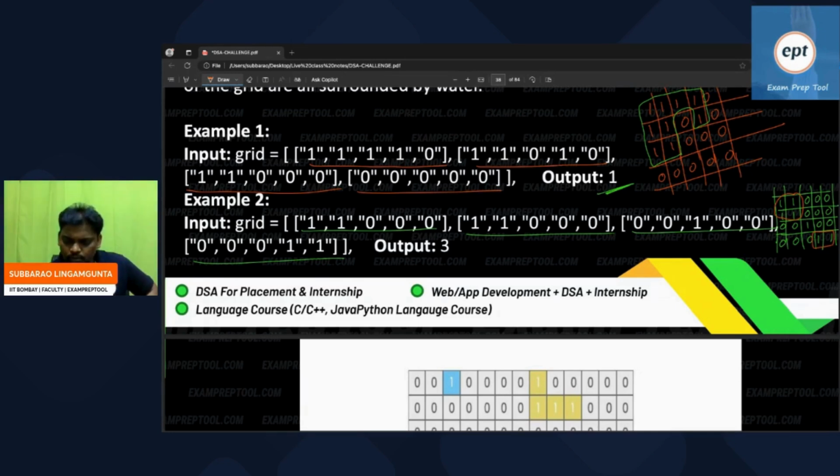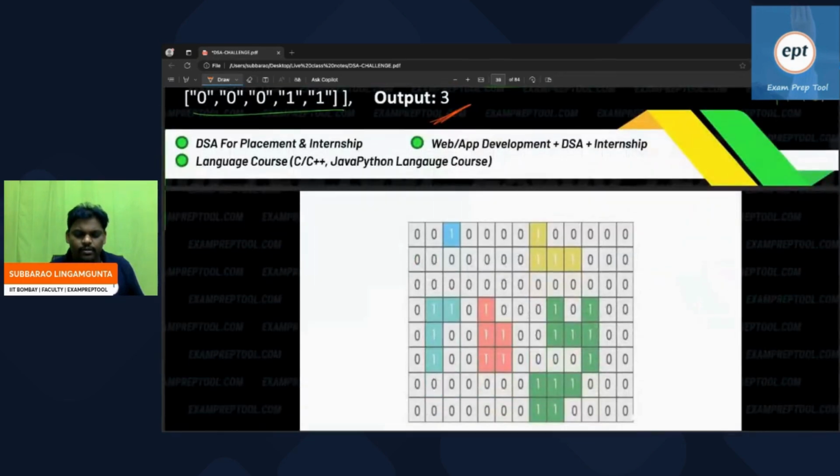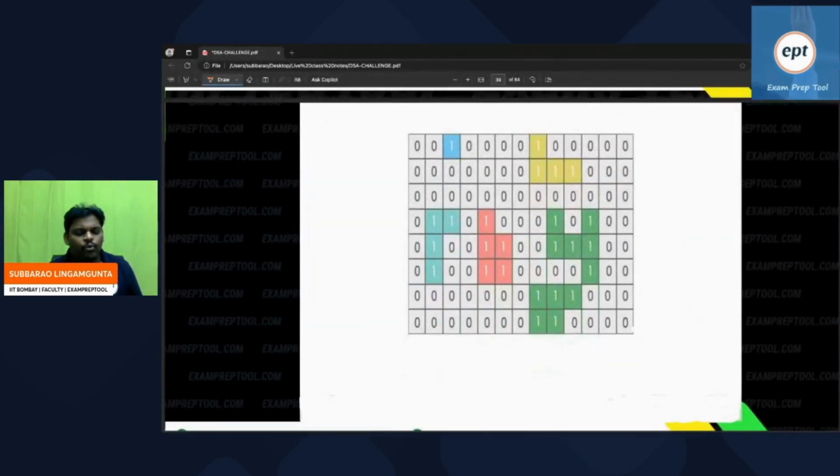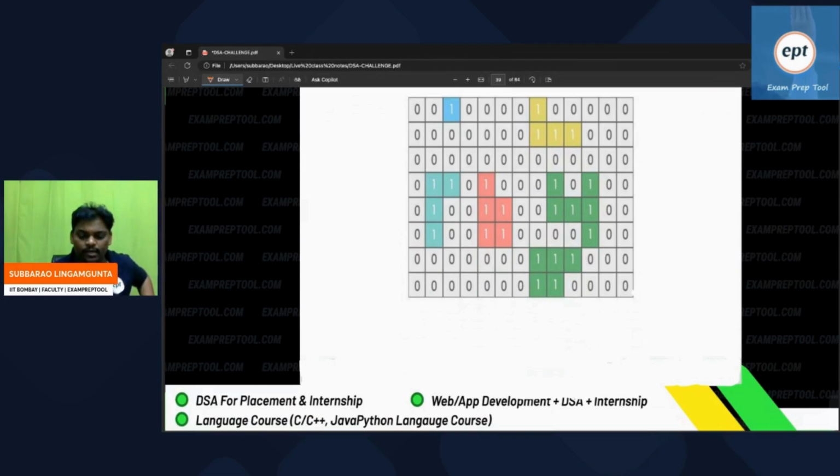So this is one. Check. If anyone has any doubt, it is 3. Fine. So I think 3 islands. That's fine. Let's go to a bigger picture. You will get more clarity in this.